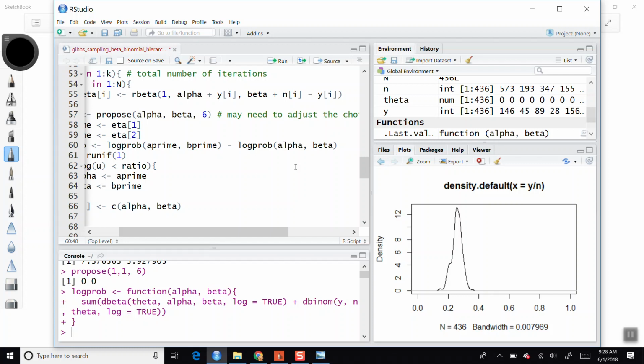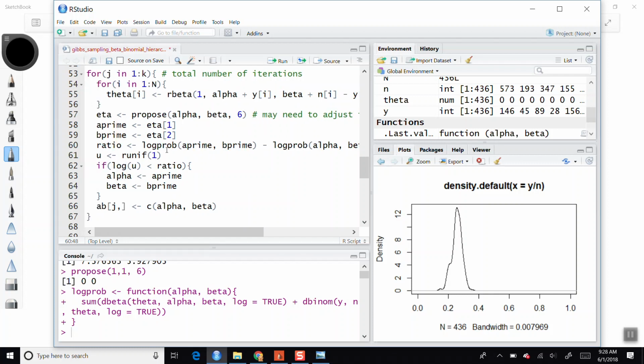But because it's logs, we're taking a difference. So I guess this is the log of the ratio: the probability of the proposed divided by the probability of the current, taken as a log.